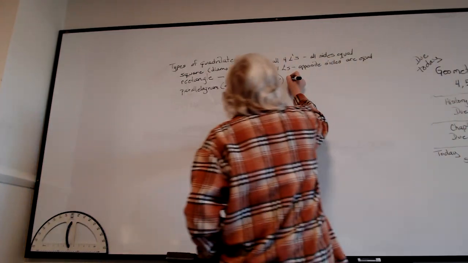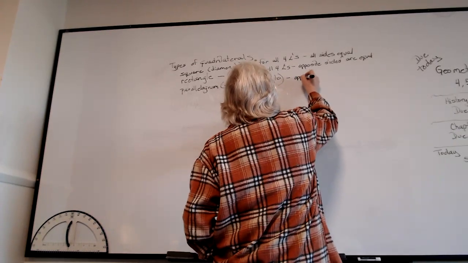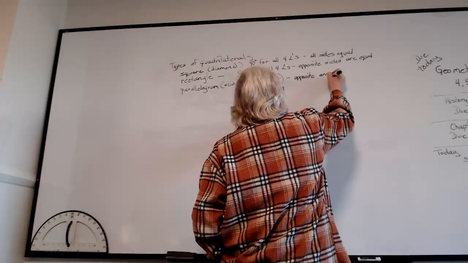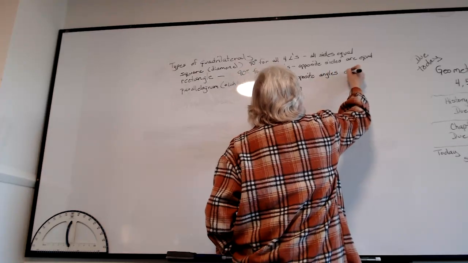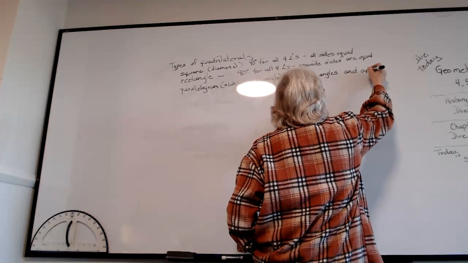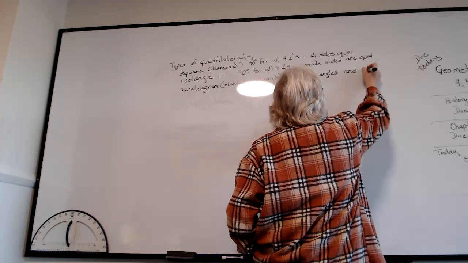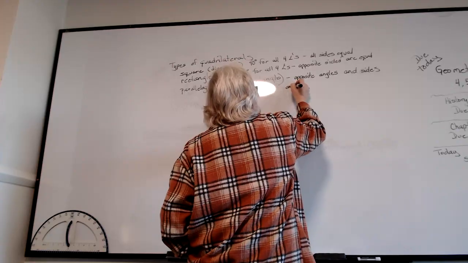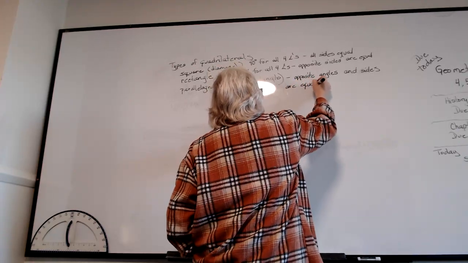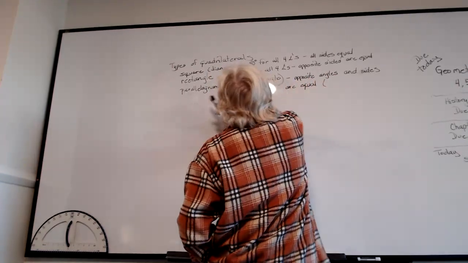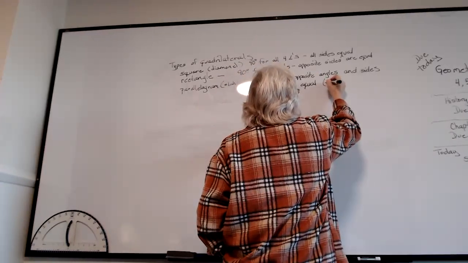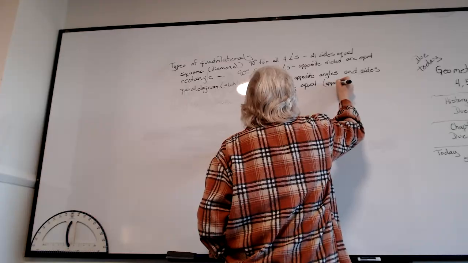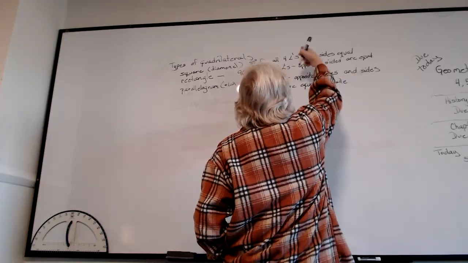So in this one, opposite angles are equal and opposite sides, opposite angles and sides are equal. Obviously, the opposite sides are parallel also. But that's true up here also.